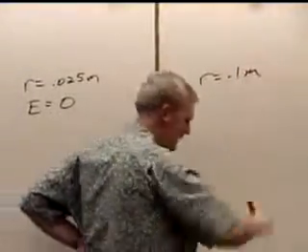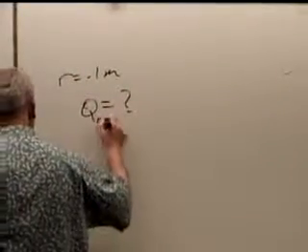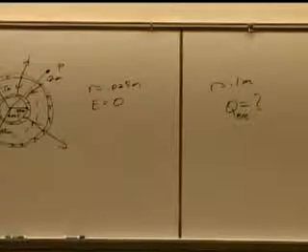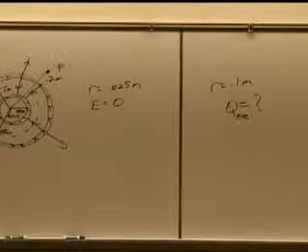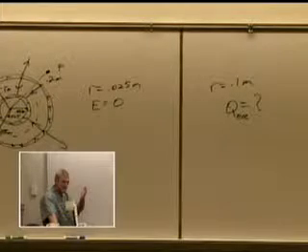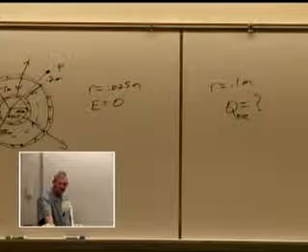For R equals 0.1 meters, what is Q? What's the enclosed charge at R equals 0.1 meters? David says negative 1.6. You going to stick with that? Good, I like a man with convictions, and he's right.